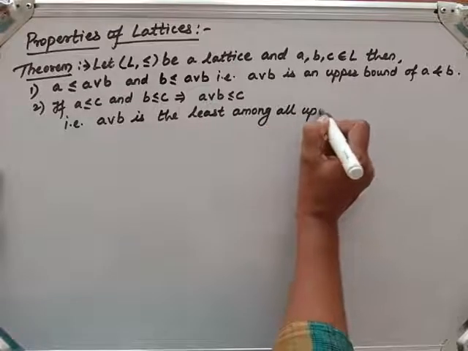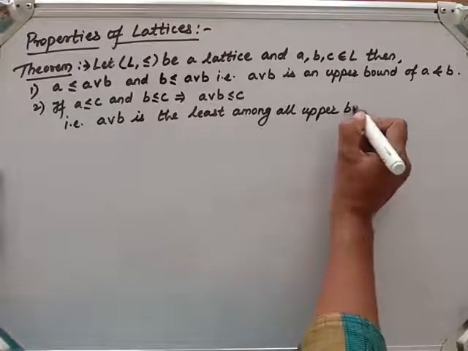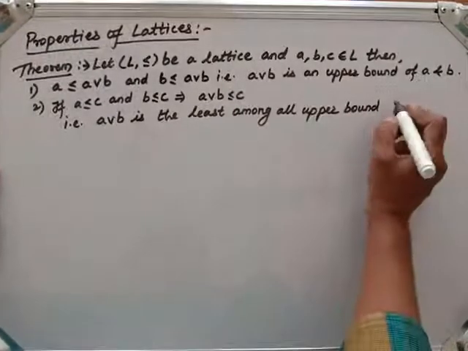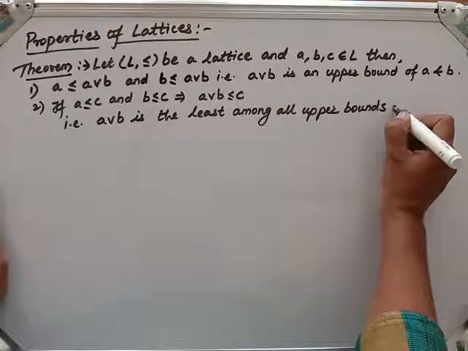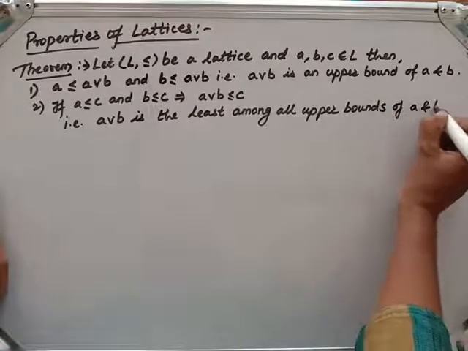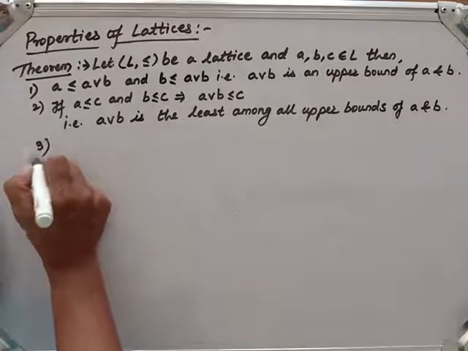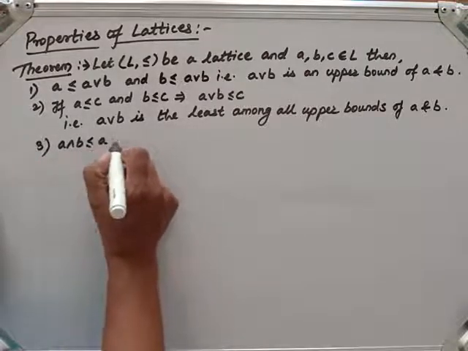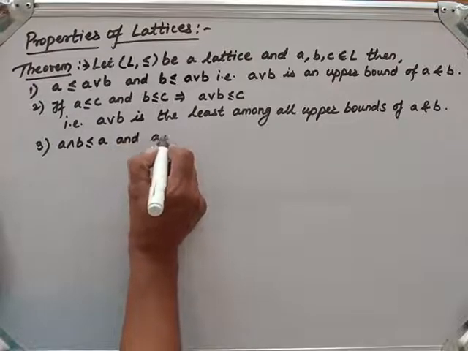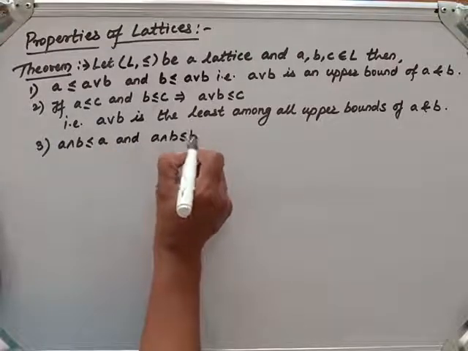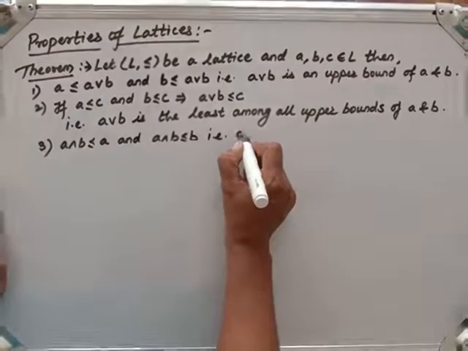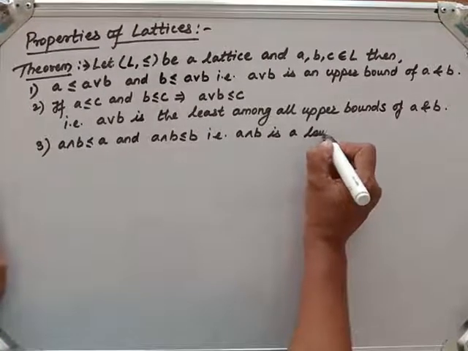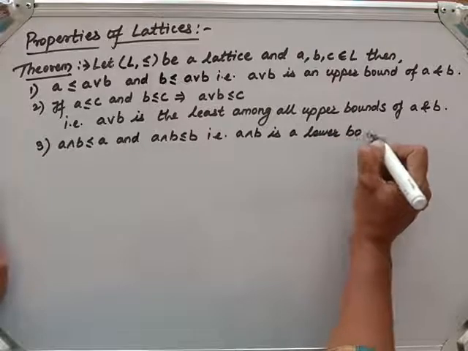Already we have seen this is the definition of A join B, that it is the least upper bound of A and B. The third thing is that A meet B is related to A and A meet B is related to B. That is, A meet B is a lower bound of A and B.